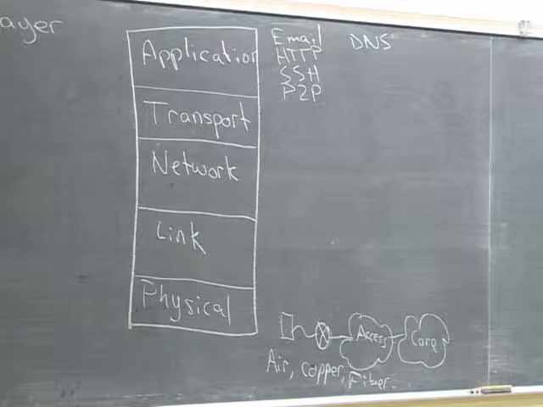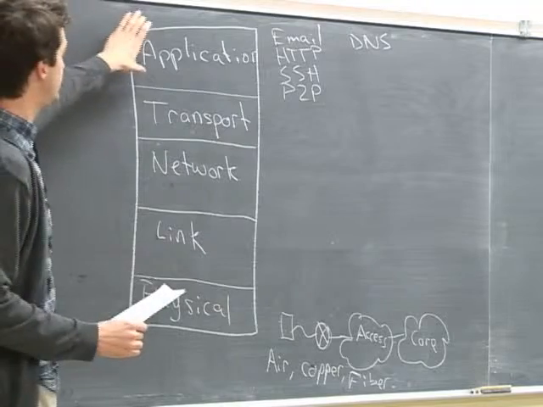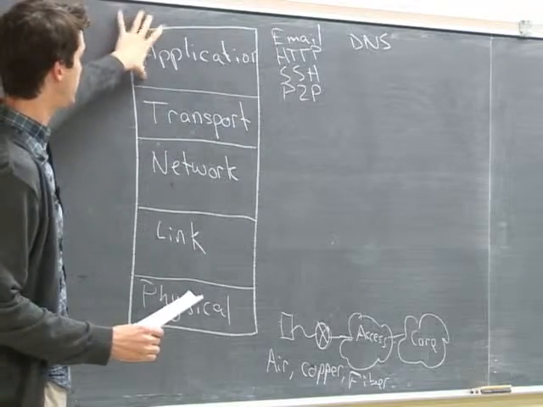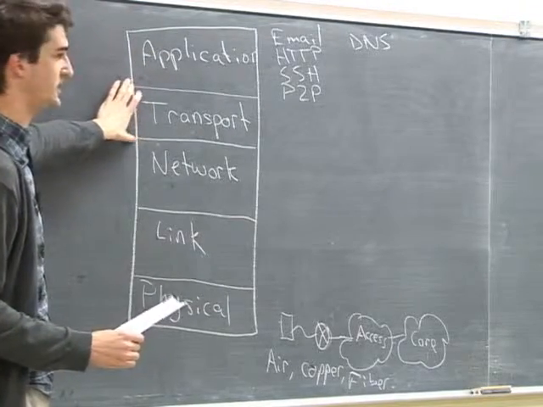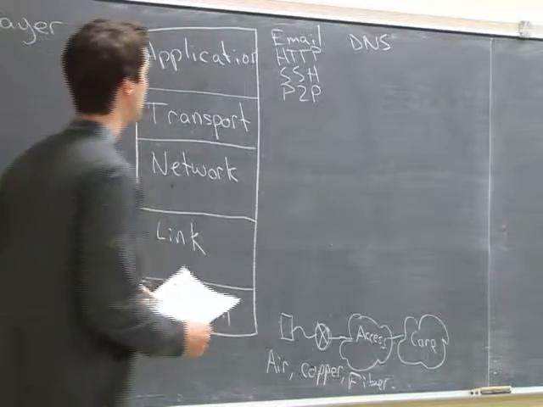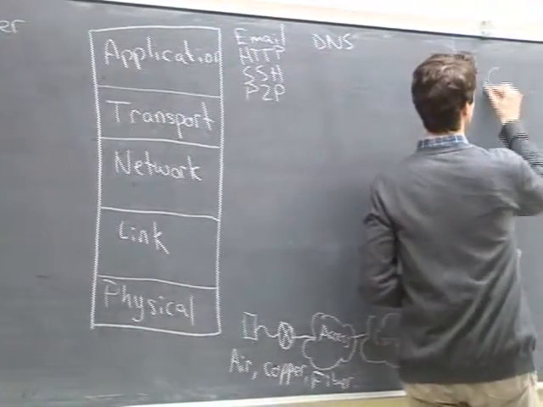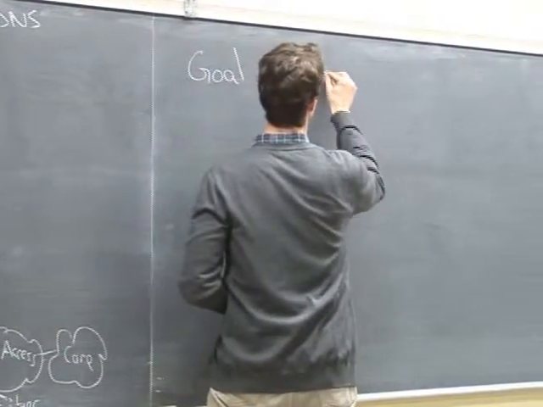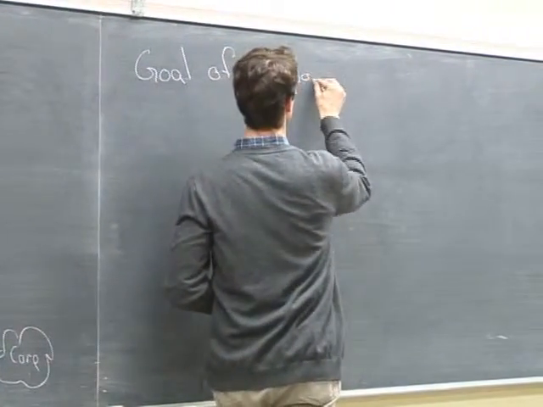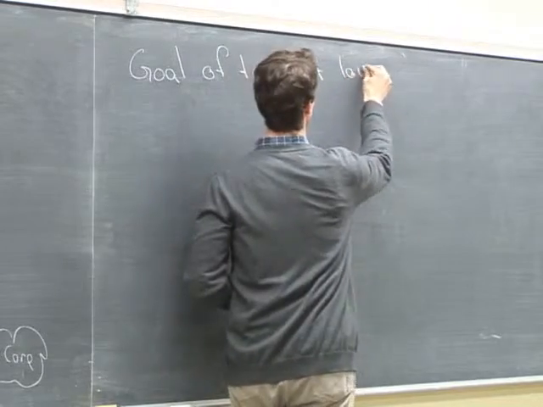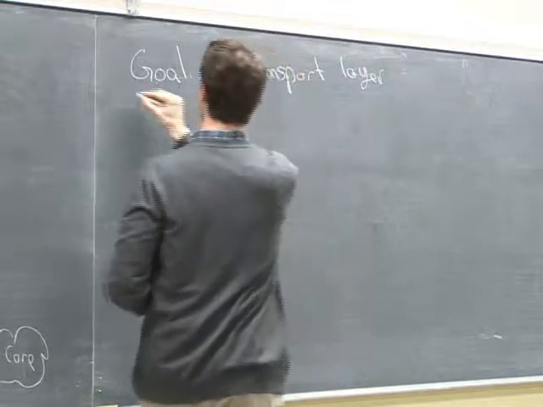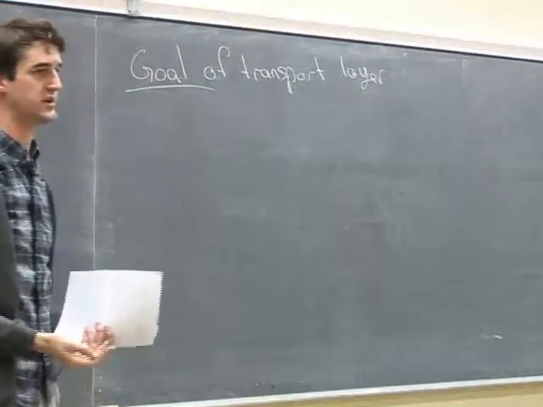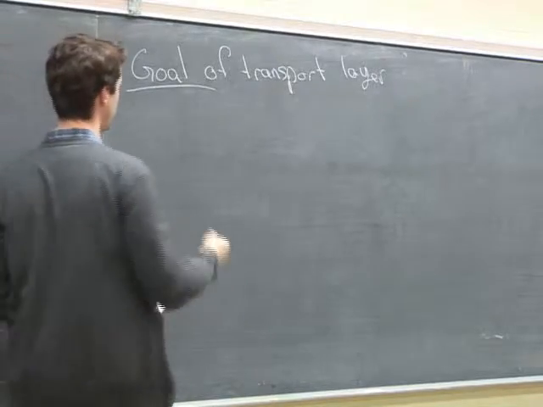All right. So as we move down, once we have applications, we can now define the goal of the transport layer. The goal of the transport layer is to provide seamless communication between applications.